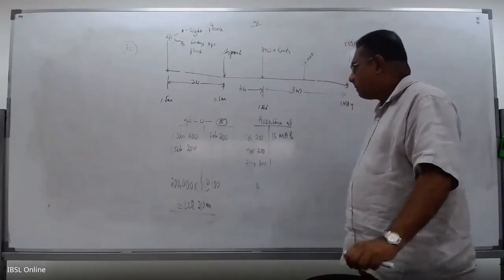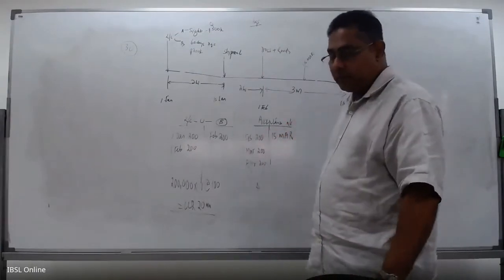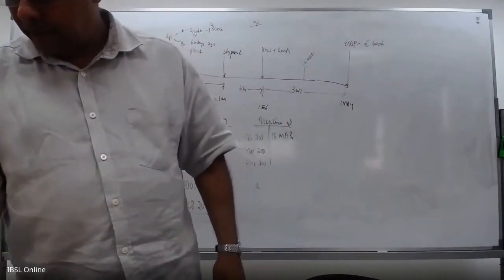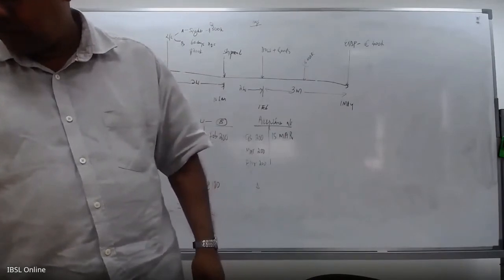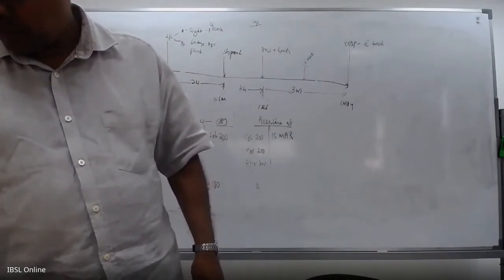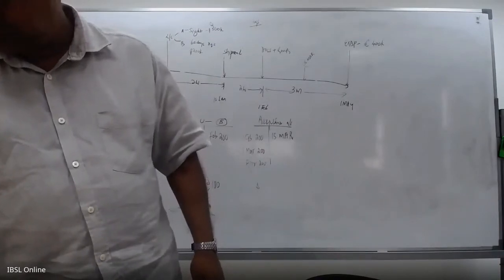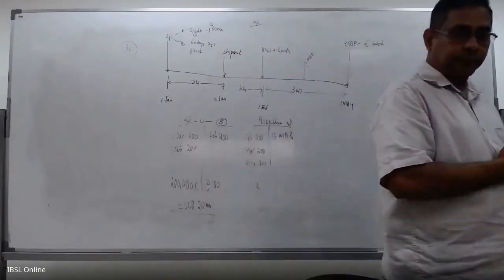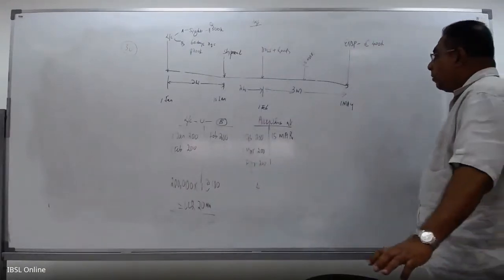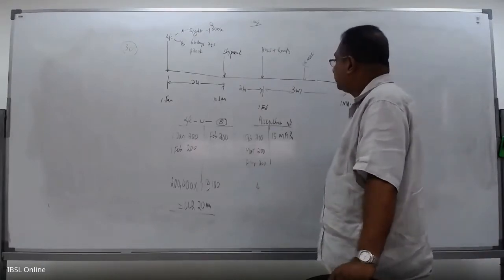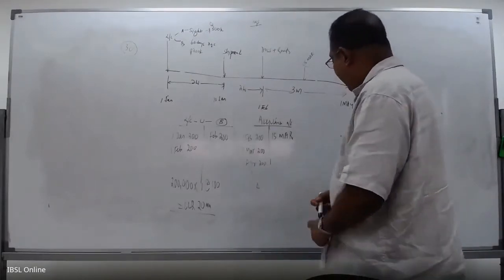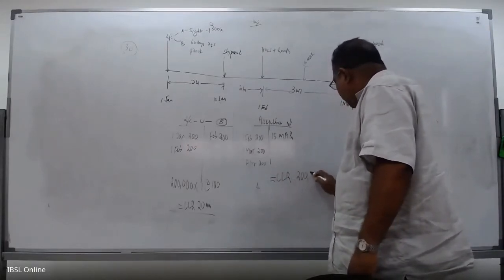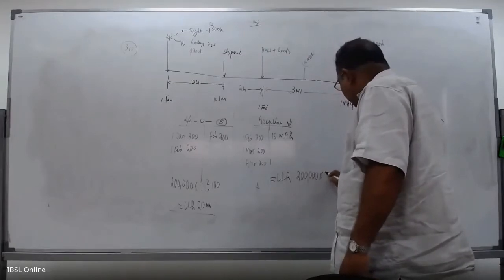Therefore, revolving acceptance facility is equal to LC amount 200,000 into 2.